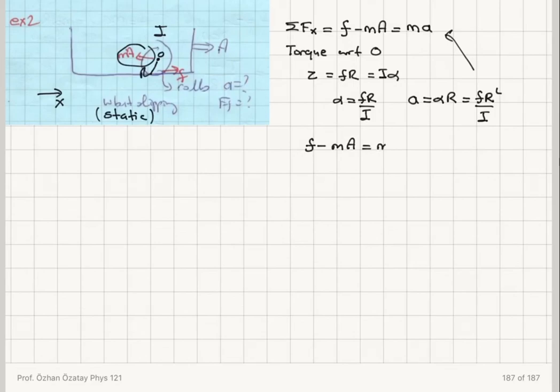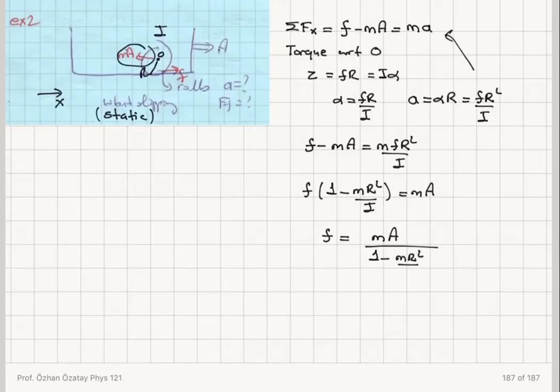So going back to this equation here, F minus ma is equal to mass times acceleration F r squared over I. I will find that F times 1 minus mr squared over I is equal to ma, and F will be equal to ma divided by 1 minus mr squared over I.